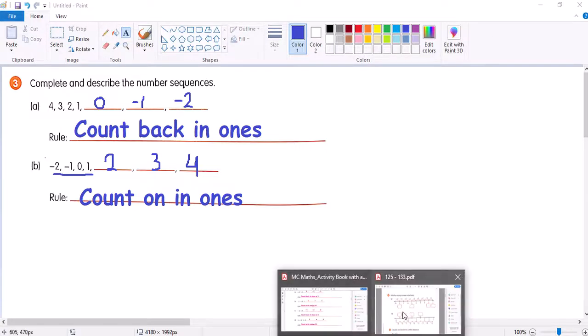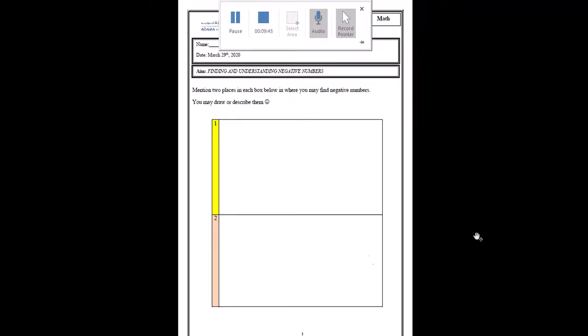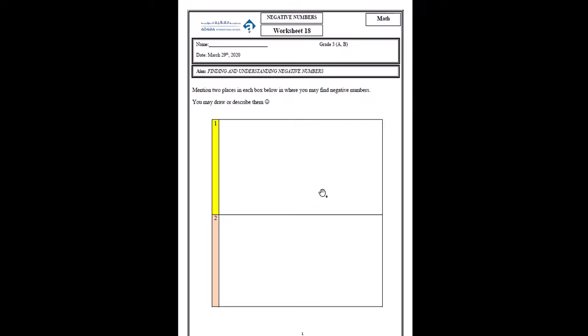Okay. So I hope you just have fun with this, but I'm just gonna tell you that there is gonna be one worksheet I'll be using for today. So here is the worksheet that we'll be working on for today. So if you just try to look at it, what it says here, you have to mention two places in each box below and where you may find negative numbers. So you can just draw them and describe in number one and two, where could we find negative numbers in our lives?